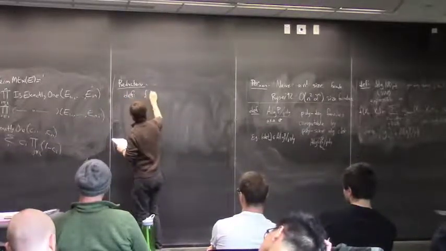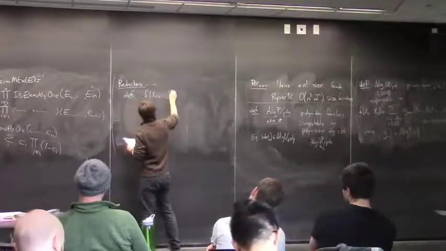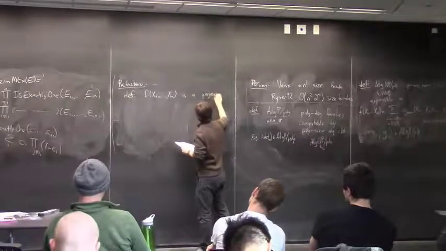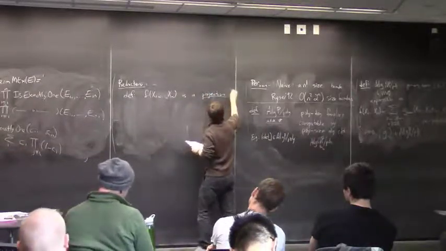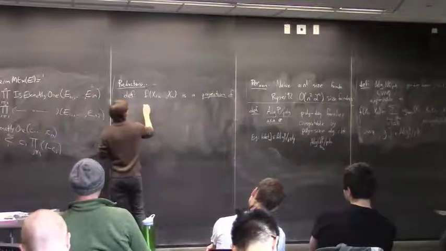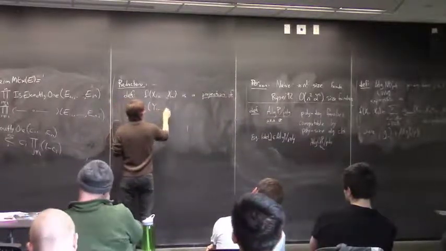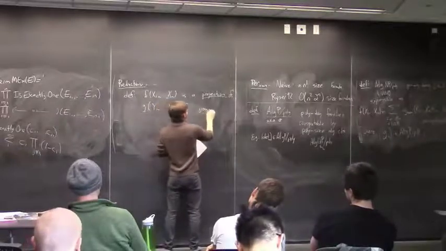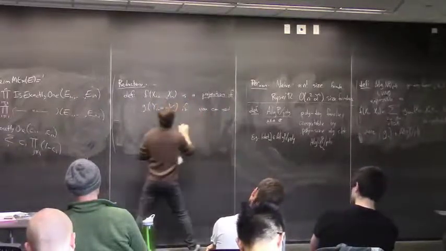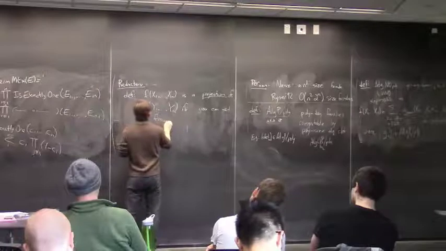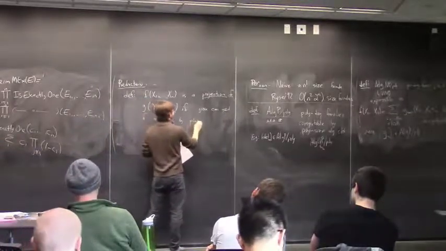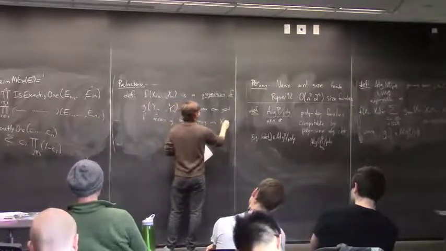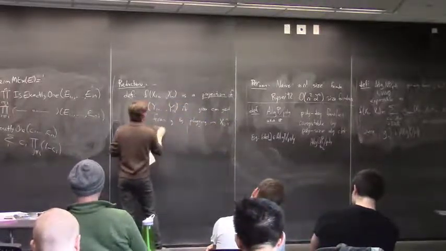We'll say that f(x1 through xn), a polynomial, is a projection of some other polynomial, g(y1 through ym), if you can get f from g by plugging in x_i's and constants for the y's.